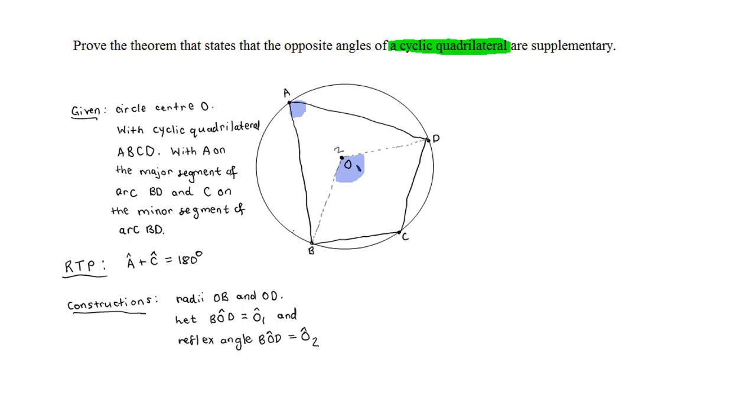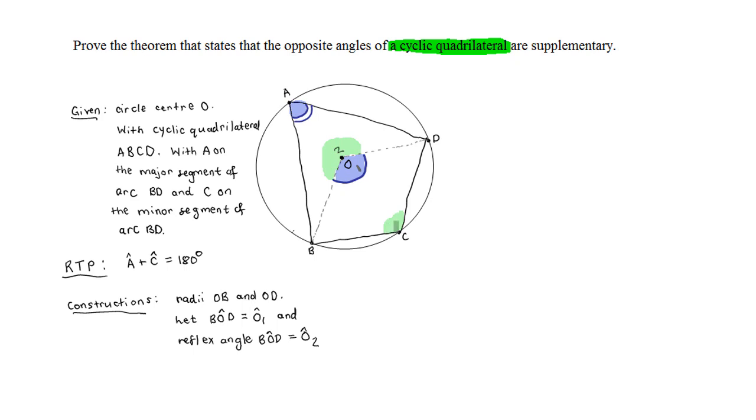So this angle over here is twice this angle, and I'm going to draw two strokes just to remind us that that is 2 times. And this reflex angle, angle O2, that is twice, sorry, angle C.